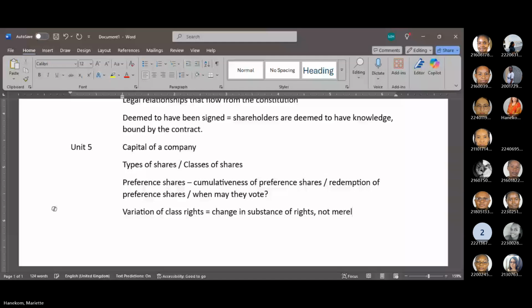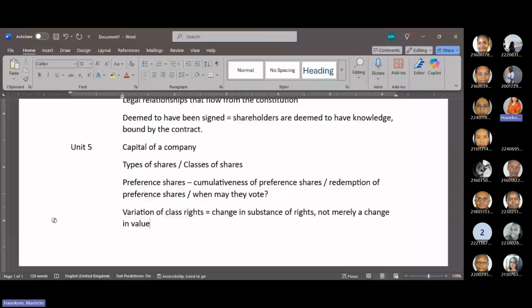if the decision to be taken could potentially affect the value, the market value of these shares, it's not a variation of class rights. The market value of your share is not a right. That is why investing in shares is considered high risk, because you never know whether they're going to increase in value or maybe lose their value.